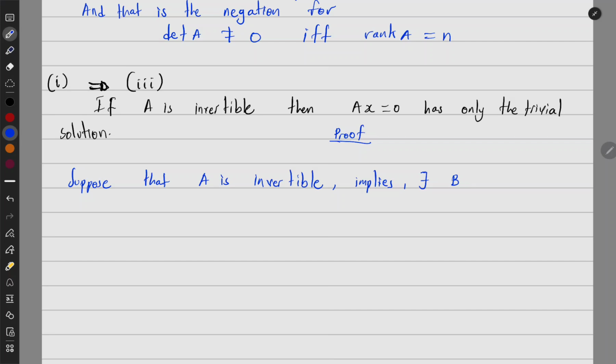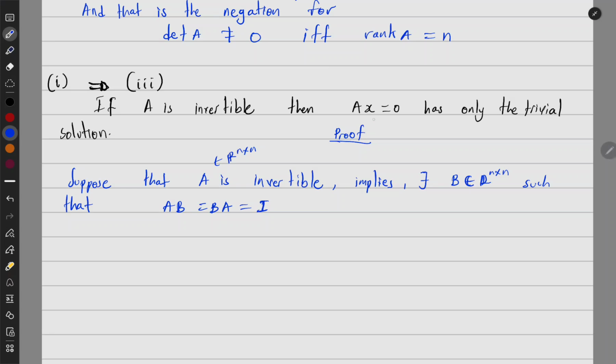So I'm supposing A is invertible. However, earlier on we stated that this is an n by n matrix. So meaning there exists B, which is also an n by n matrix, such that AB equals BA equals I. That's when it is invertible.